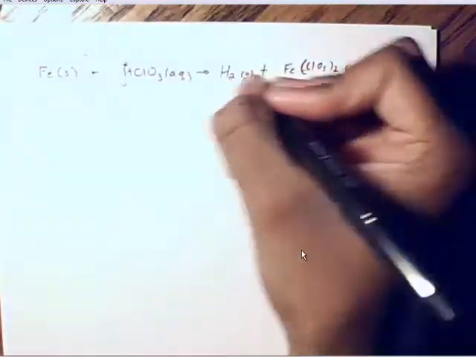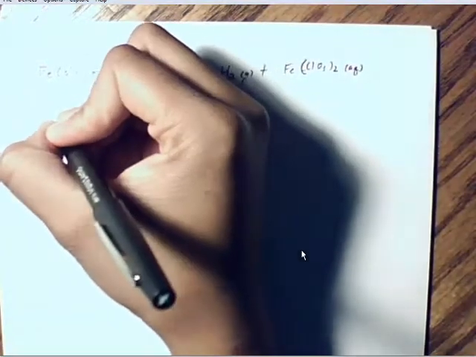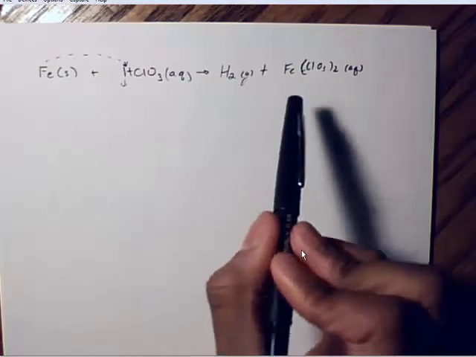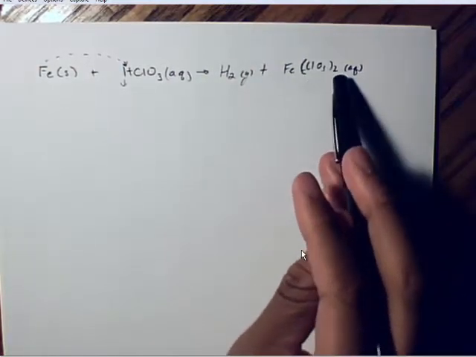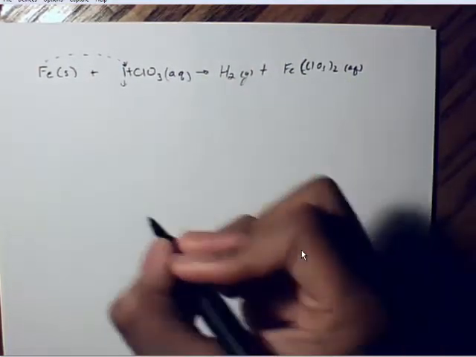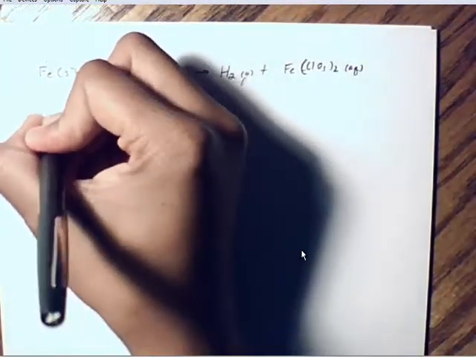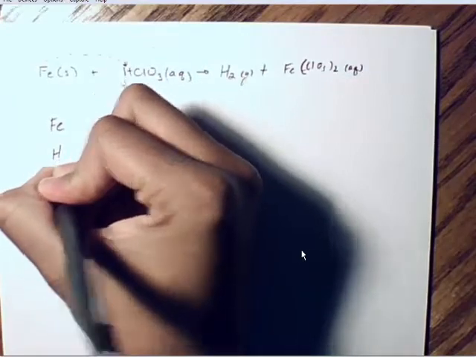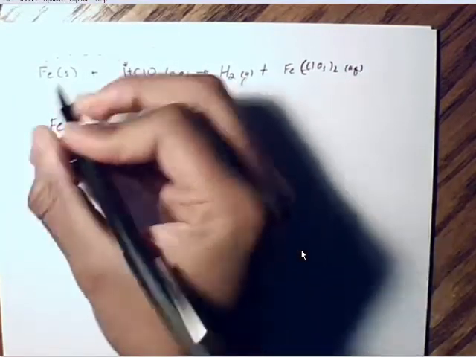So he has balanced the iron compound. He has one iron and two chlorates, because the chlorates have a 1 negative charge. And chlorates are always soluble. So because your acid on the left is aqueous, that means there's water around.